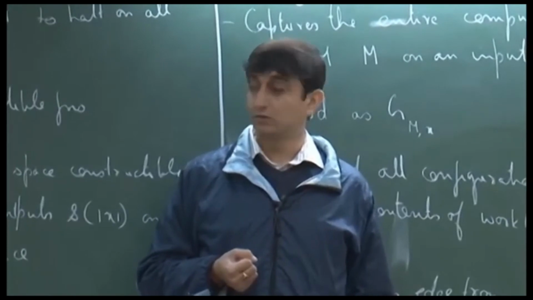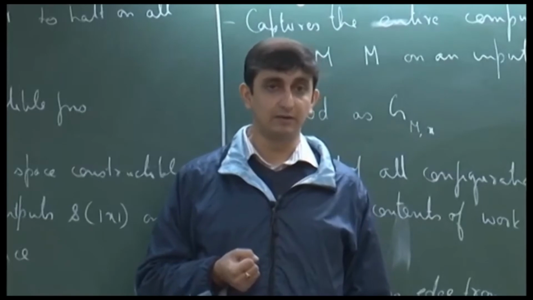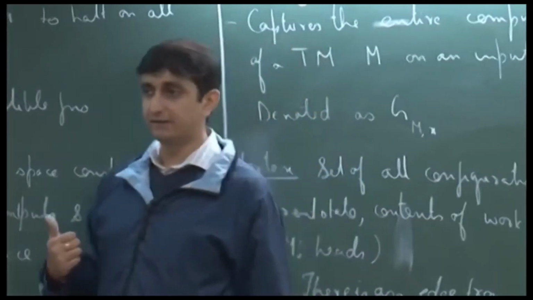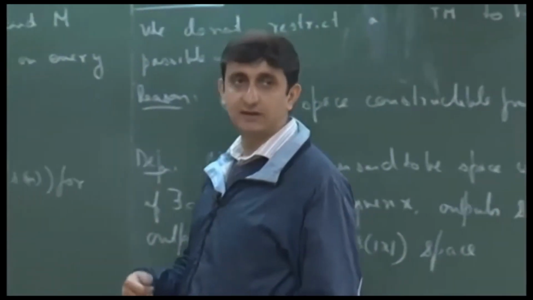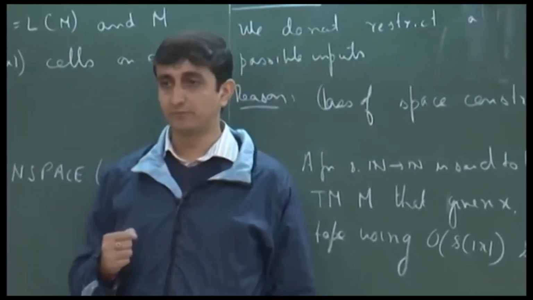For all vertices it will have out degree at most 1, because it is a deterministic machine. From a configuration there is only one other configuration that you can go to once you fix the input.